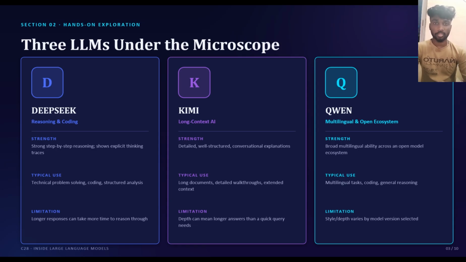Second, Kimi. Kimi is known for handling long context and detailed explanations, so it can be useful when working with long documents or extended conversations. Third, Qwen. Qwen provides multilingual capabilities and is also useful for coding and general reasoning.